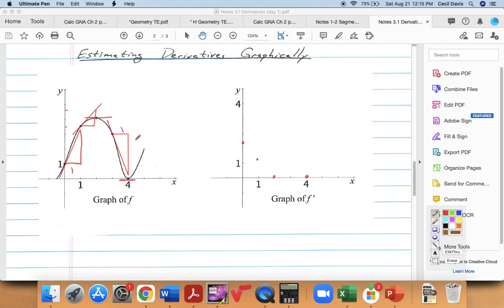This goes over 1. This goes down about, let's see, it's at about 3, and it goes down to a little more than 0. So I'm going to say it's 2.7. So at 3, I'm going to be at negative 2.7. And somewhere right about here.